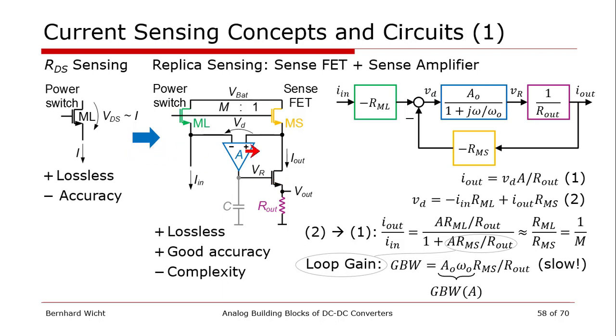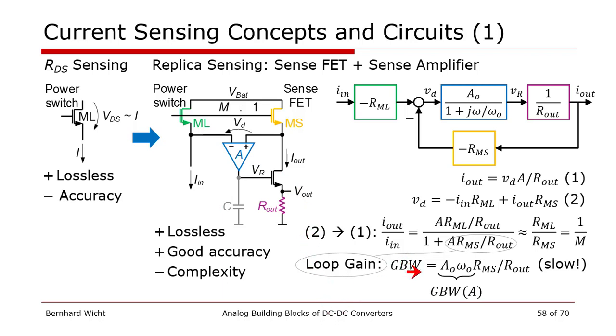So I'm using these colors to put together a block diagram, and we can do calculations, and that indicates that we have this kind of transfer function which should be 1 over M, so that confirms everything. However, it also confirms that these kind of circuits are relatively slow.